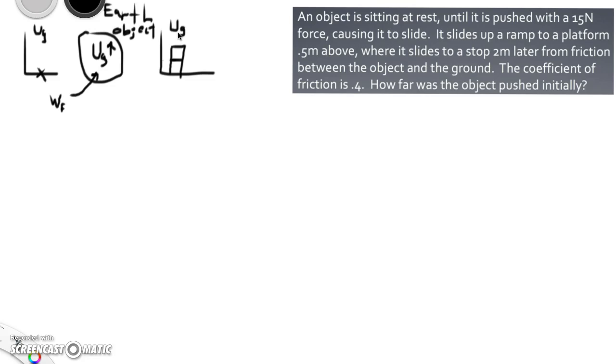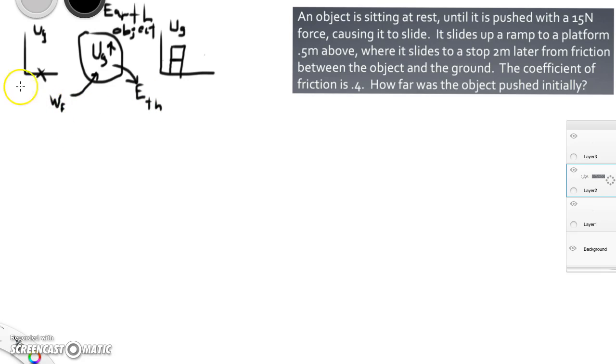However, there was a little bit more energy, and if there was no thermal energy, then the rest of it would have probably gone to kinetic, and it would still be sliding. But it's not sliding. It came to a stop, which means the energy was lost. In that case, that energy would have left the system as thermal energy, which means that we don't have as much energy as we were initially given.